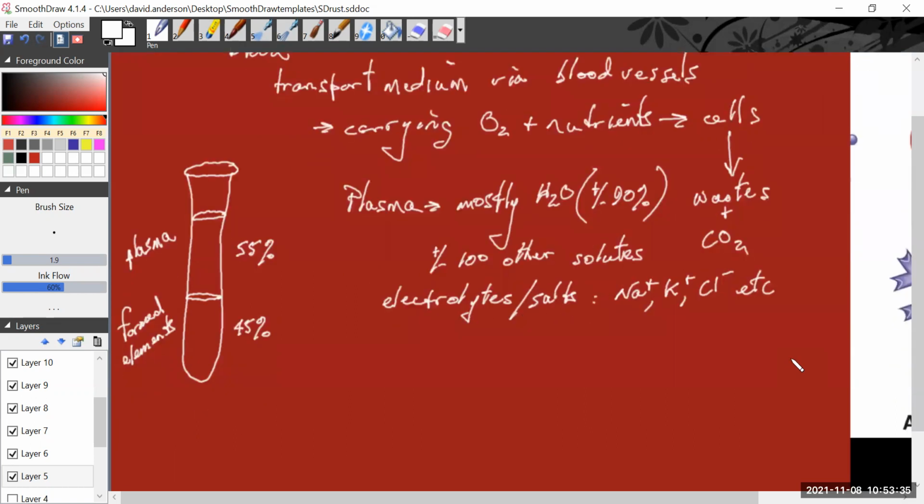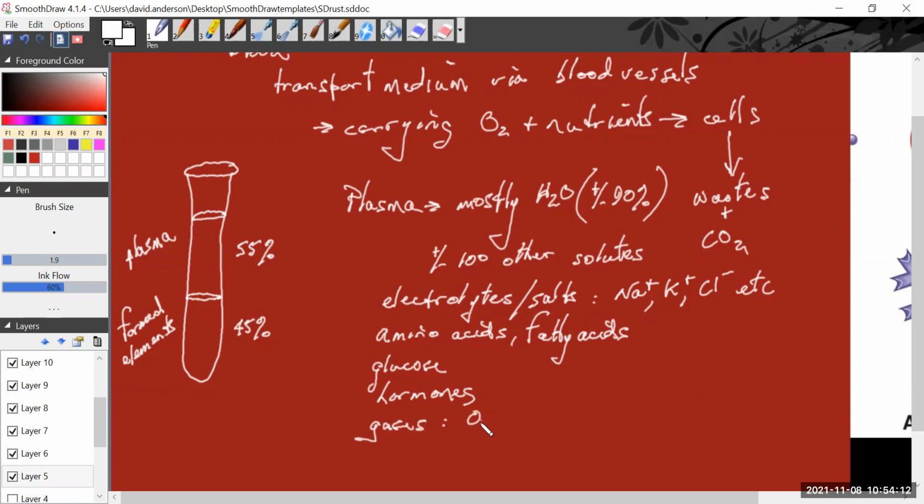But in addition to electrolytes, we're also going to have some amino acids, some of these have to be carried, and fatty acids, glucose, hormones, and other components along those lines. And a very important one, some gases like oxygen and carbon dioxide.